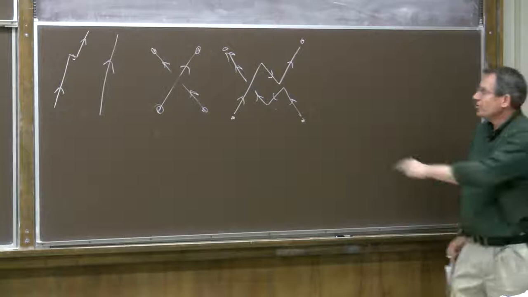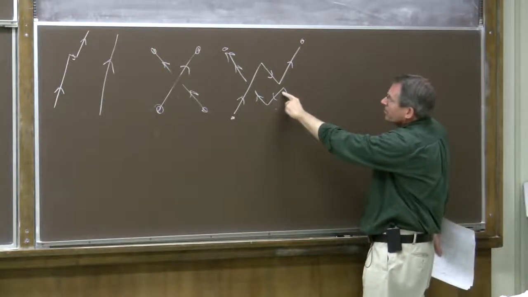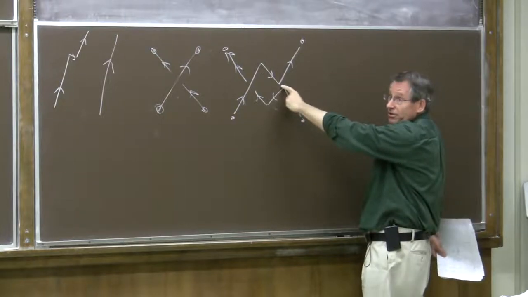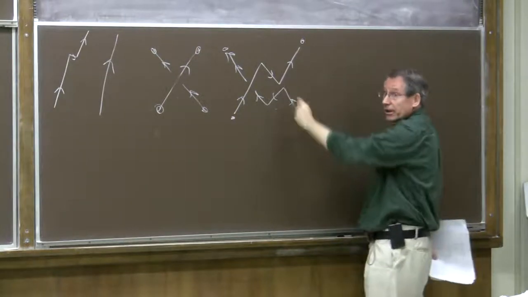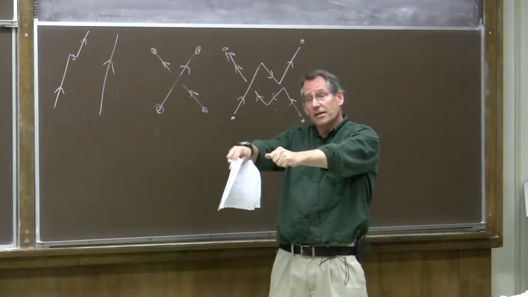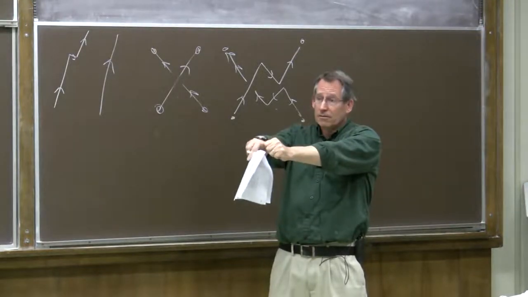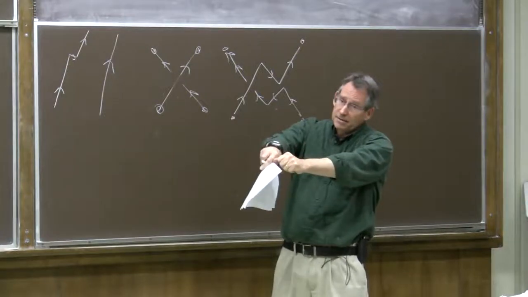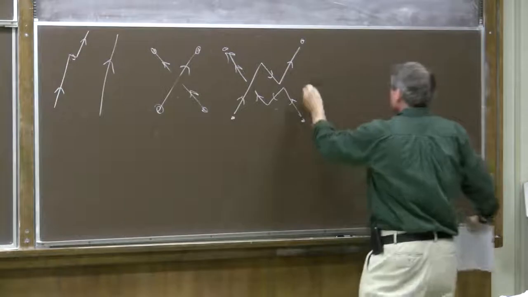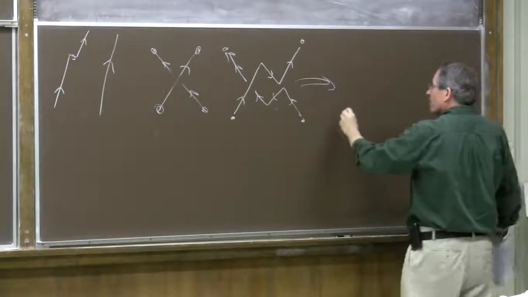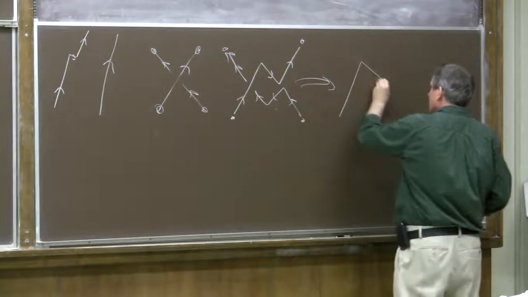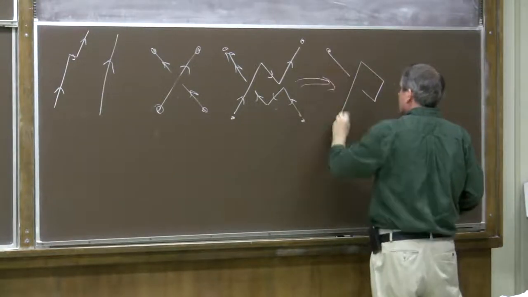Okay, now one more smooth change. Here, I have two particles which annihilate one another, and then an instant later, two particles, or a particle and antiparticle, are created. So you can't really tell the difference between that and the case when they didn't really annihilate at all. Right? They annihilate, and then less than a nanosecond later, a new pair is created. Well, why don't we just deform that to a process in which the lines connect the other way, like this.